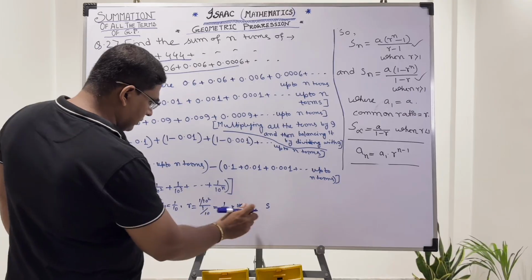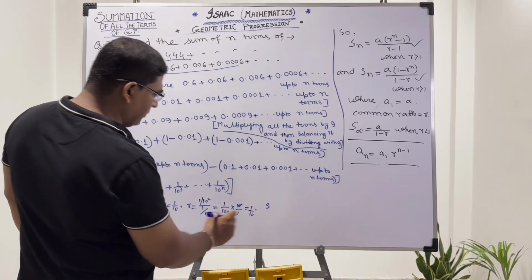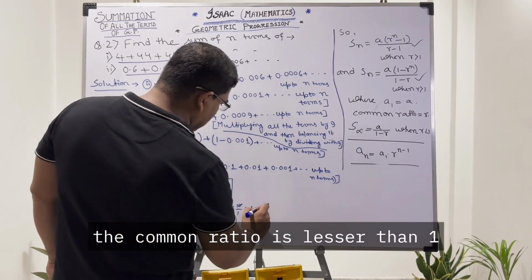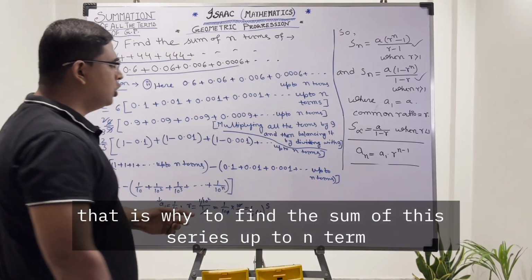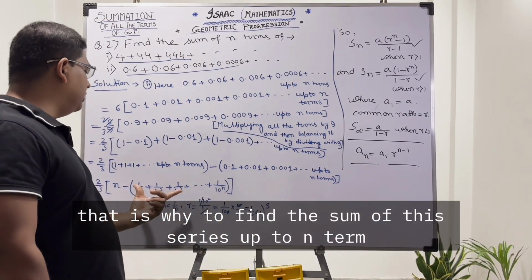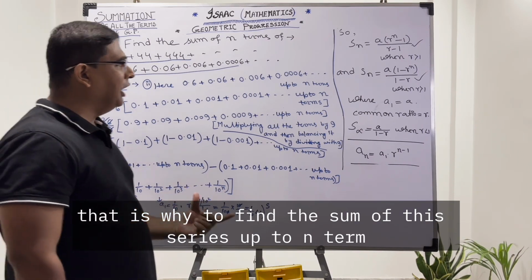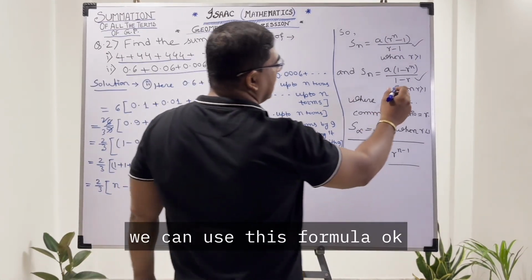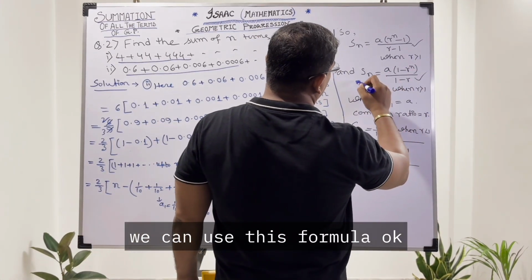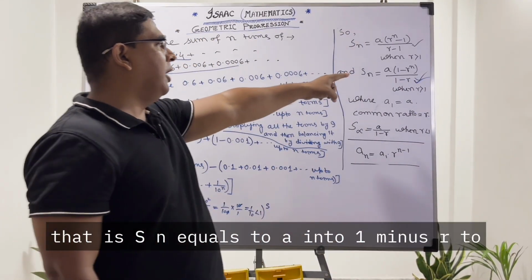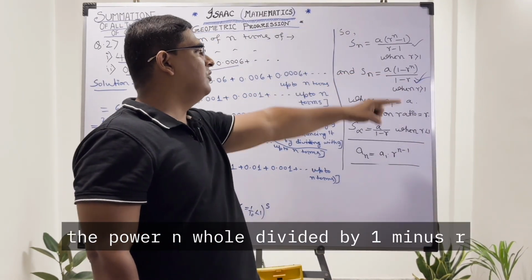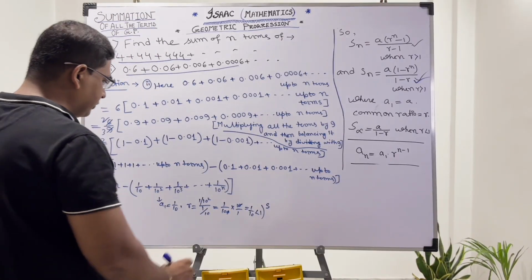And here the common ratio is lesser than 1. That is why to find the sum of this series up to n terms, we can use this formula. Okay, that is Sn equals A into 1 minus r to the power n whole divided by 1 minus r.